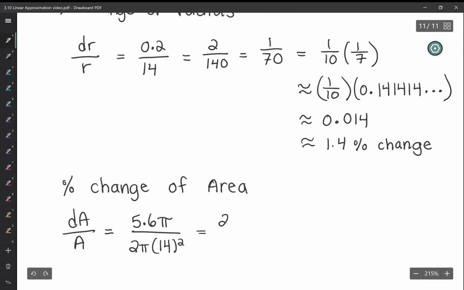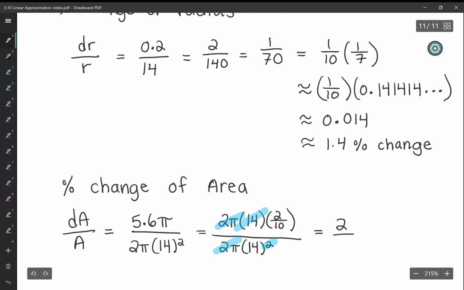I'm going to write that 2 pi times 14 times 2 over 10, which makes this a little easier to simplify. So our pi's will divide out, and one of our 14's will divide out.